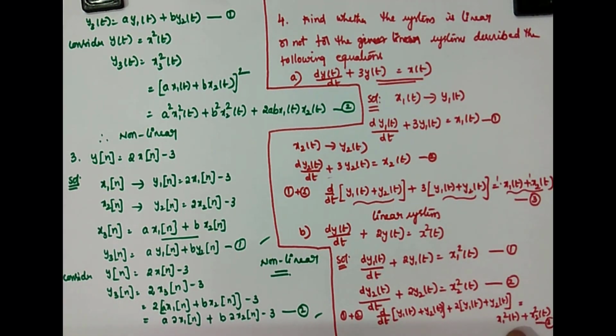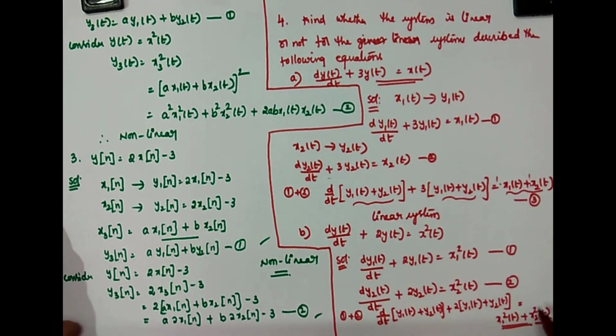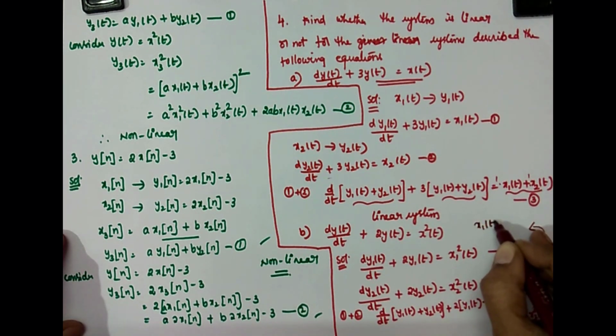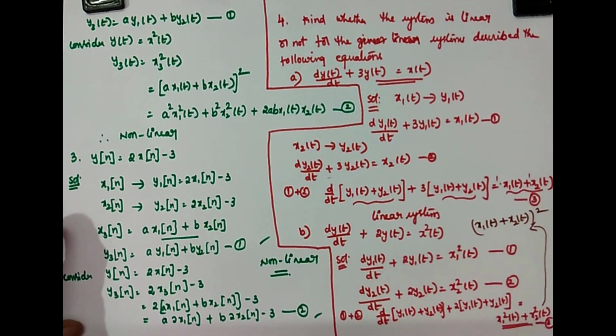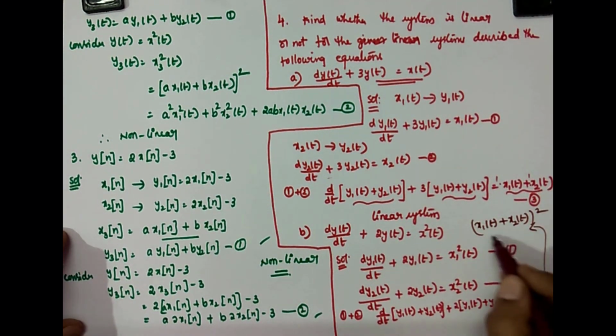Observe the equation carefully. Is it like sum of inputs? No. Sum of inputs means here this term must be, carefully observe, this term must be x1 of t plus x2 of t whole square. This term must be like this.